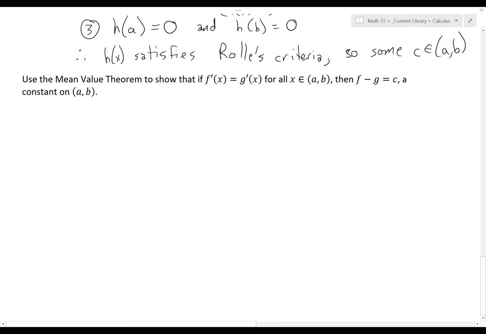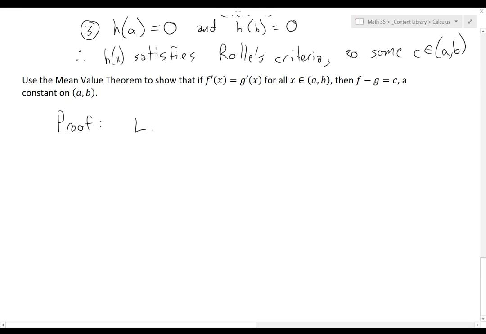So let's say, for the proof, we're going to let capital F of x equal f of x minus g of x.